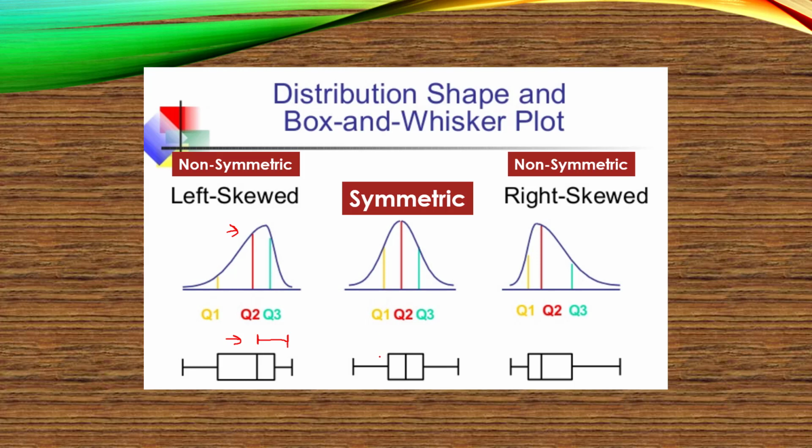I'm not going to get onto us much if we extend outside or if our median is not exactly inside the middle of the box. It can deviate just a little bit, and I will still accept symmetric as a reasonable answer. Right skewed, the bulk of the data is on the left side. So notice again, 50% of my data is heavily concentrated in one section.